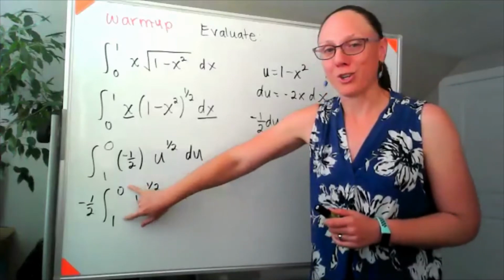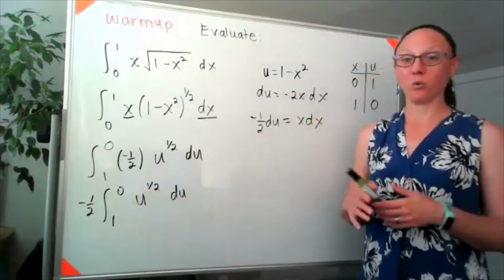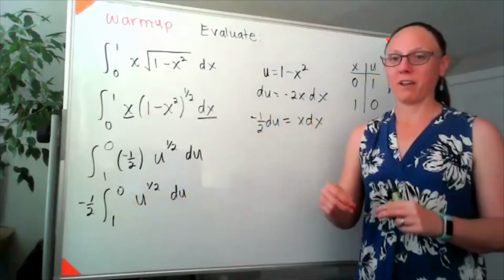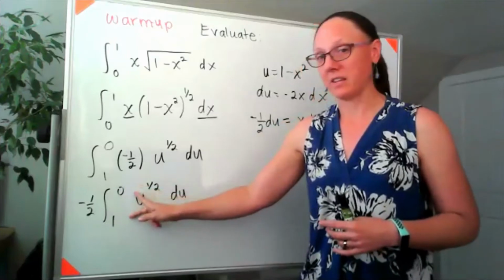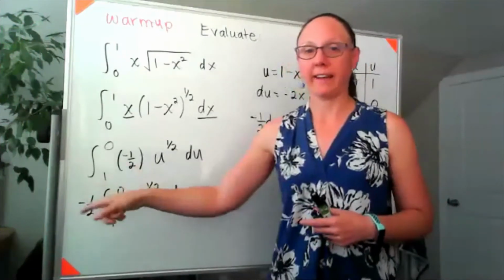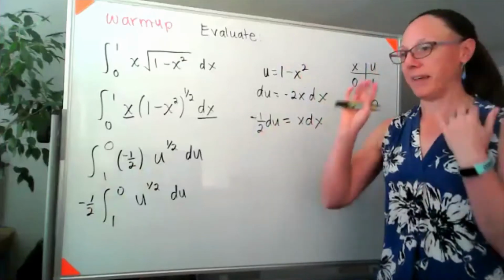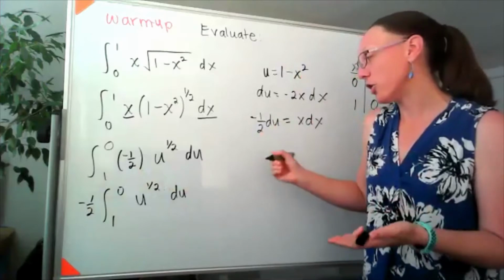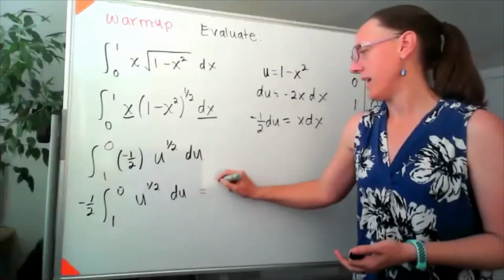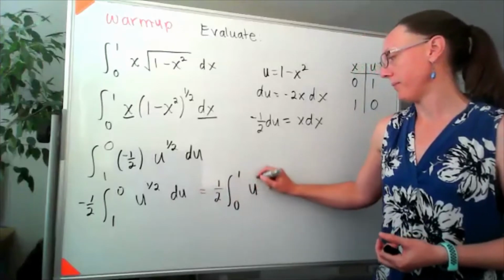If it bothers you that the 1's on the bottom and the 0's on the top, and we think about usually that lower bound being the smaller number, we can swap these and make the whole thing negative. And that's one of those properties of integrals like back in 5.2. So this, I could choose to rewrite as positive 1/2 from 0 to 1.